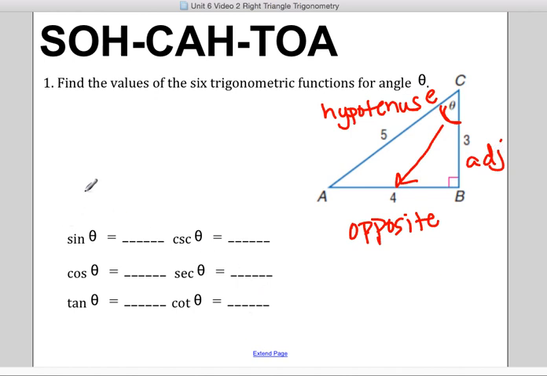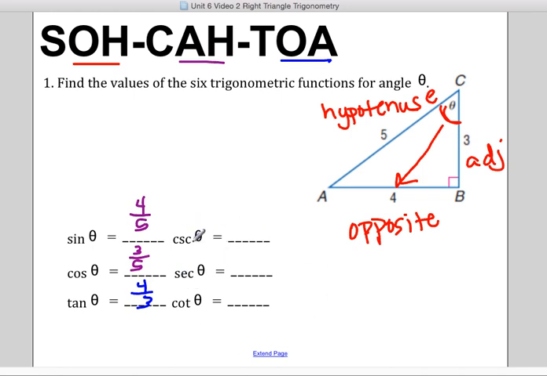So if I'm finding sine, opposite over hypotenuse, my opposite is 4, my hypotenuse is 5, so it's 4 over 5. Cosine, adjacent over hypotenuse, so 3 over 5. My tangent is my opposite over my adjacent, so it's 4 over 3.